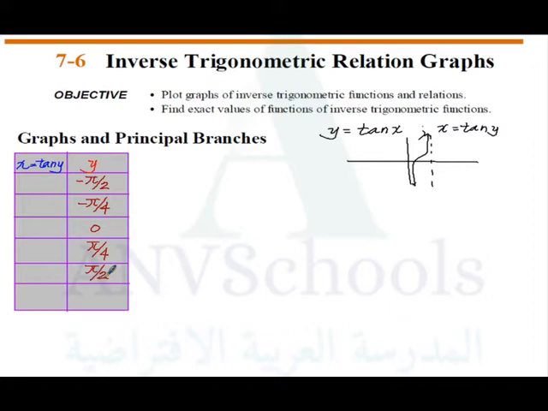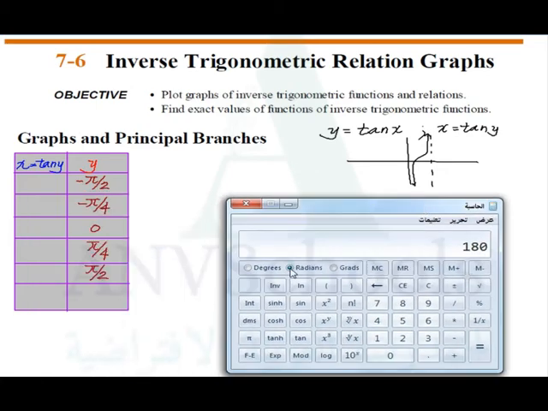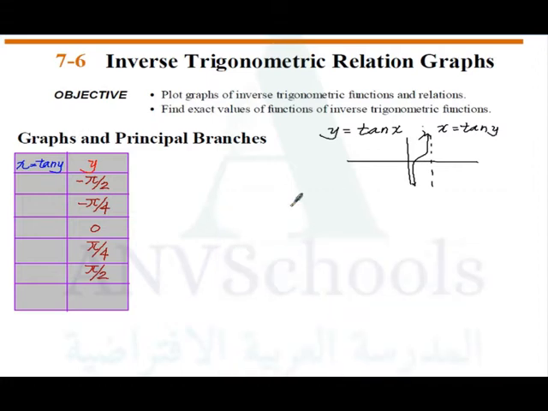So if our y is negative pi over 2, that means we have pi divided by 2, this is negative, and get the tangent of this. Tangent is undefined, so we have an asymptote at this portion.